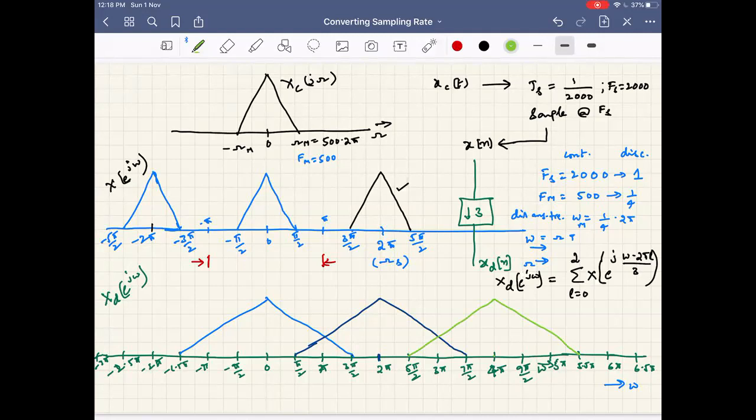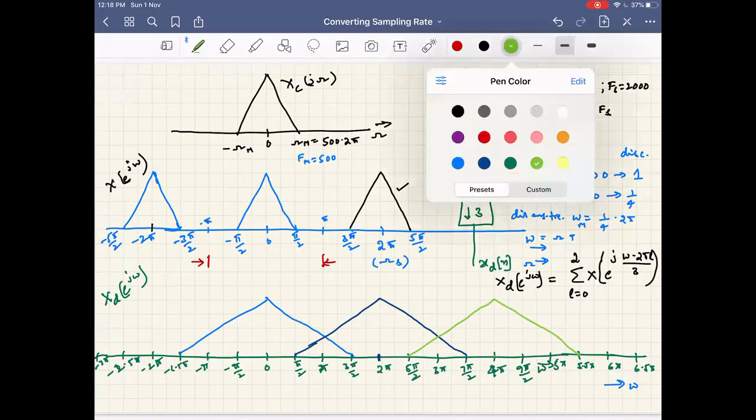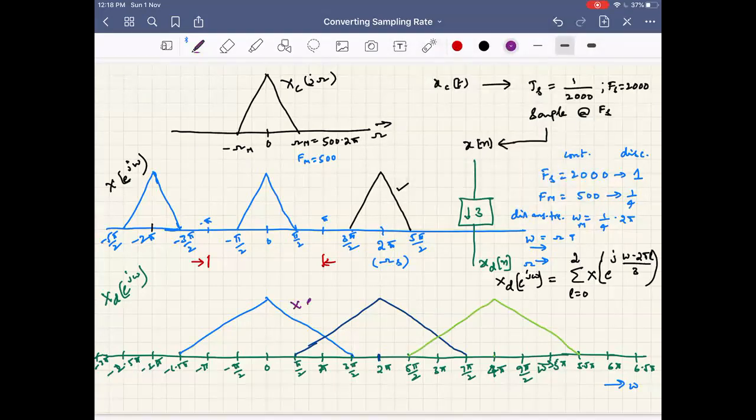As you can see, this is x of, so let us write now with some color. Let us take this color, x of e power j omega by 3. This is the first stretch of the base spectrum, plus x of e power j omega minus 2 pi by 3. This is the second, at 2 pi.